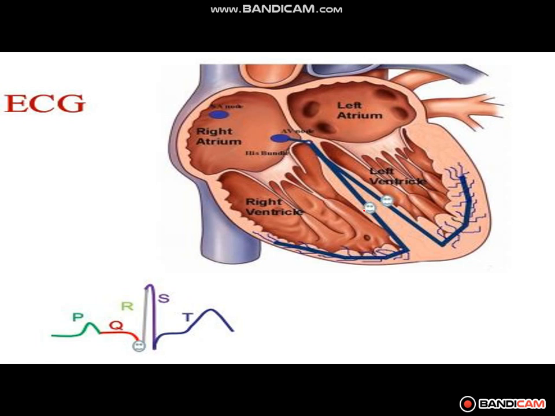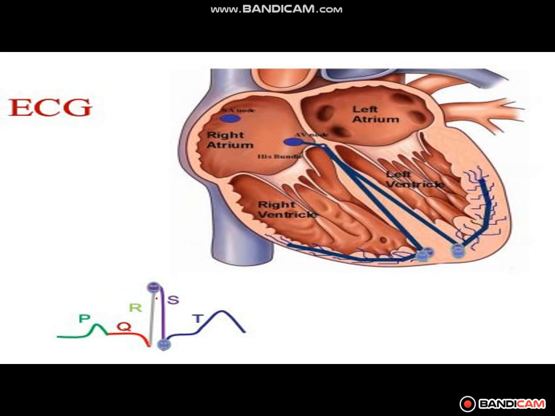The first wave, the Q wave, is produced when the electrical impulses are in the first part of the interventricular septum, and then the impulse comes to the apex or near the apex of the heart.